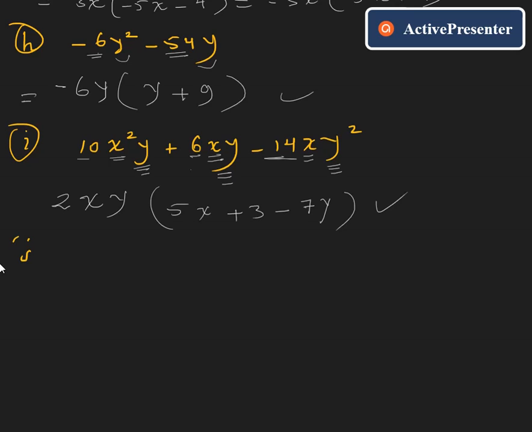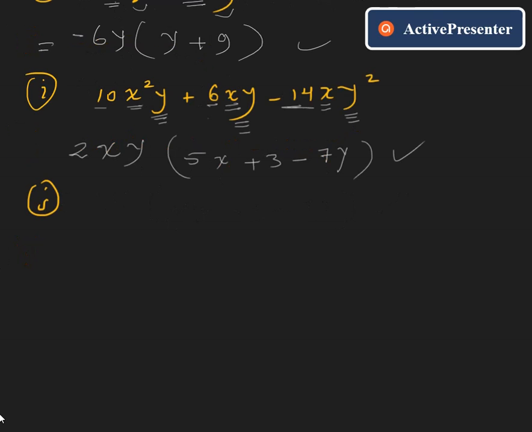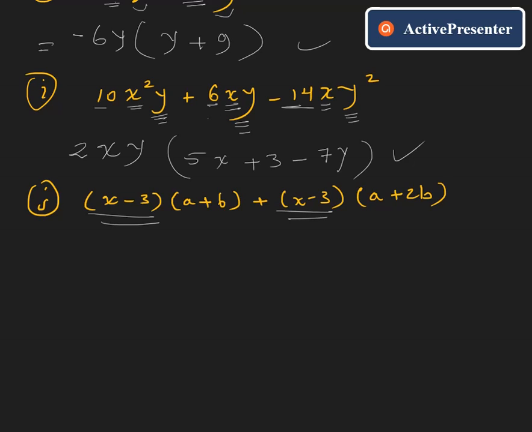Let's say if you have question J, if I have x minus 3 multiplied in a plus b plus x minus 3 multiplied in a plus 2b. So when you answer the question, you can see this is a common factor for both sides. Okay, take it out, then divide.